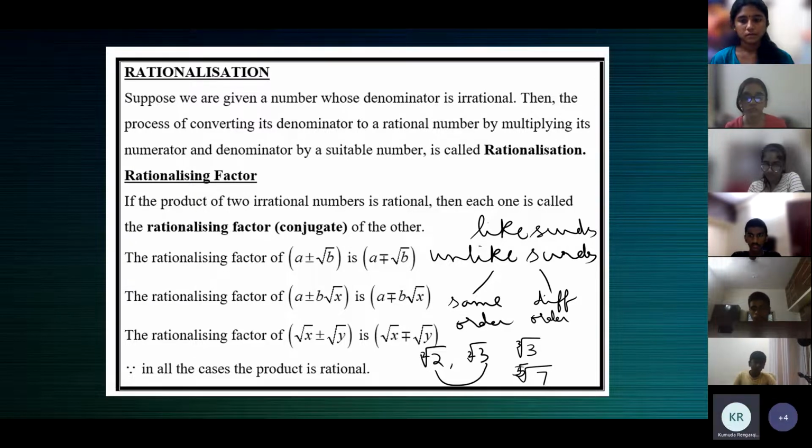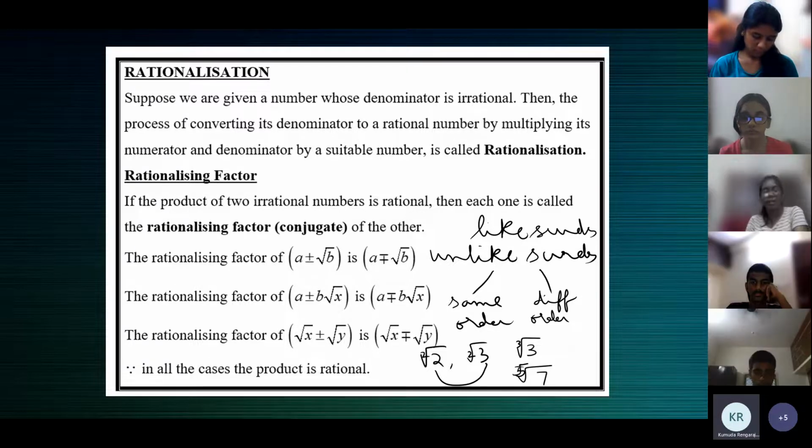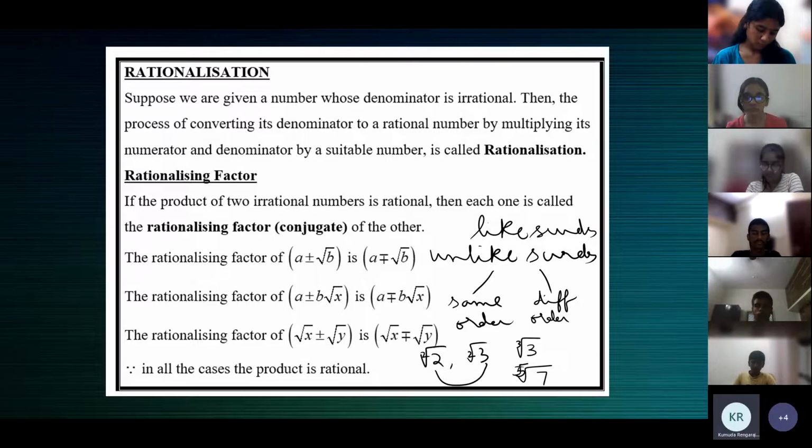The order in one expression is 3, the other one is 5. Now, these are not important from your examination point of view. This is just for your information.